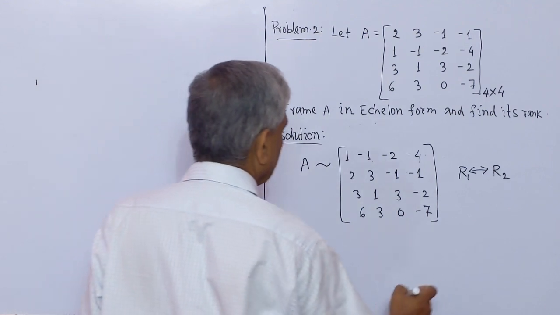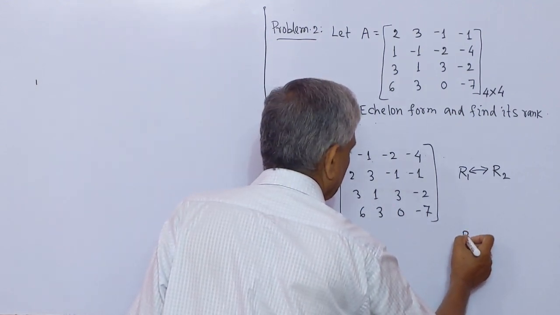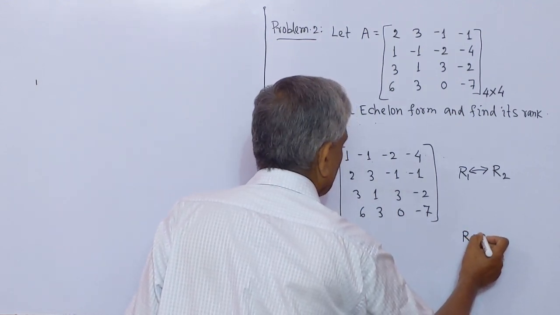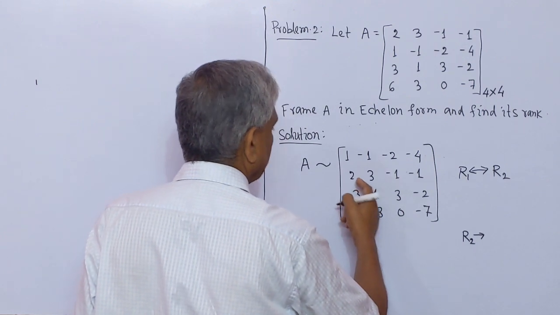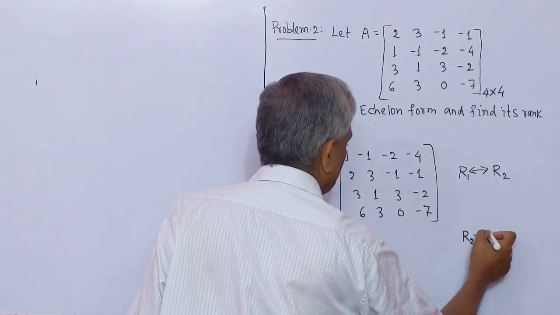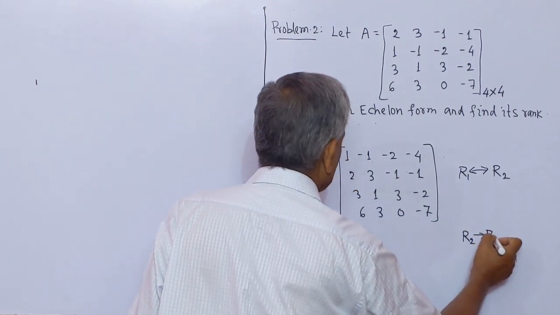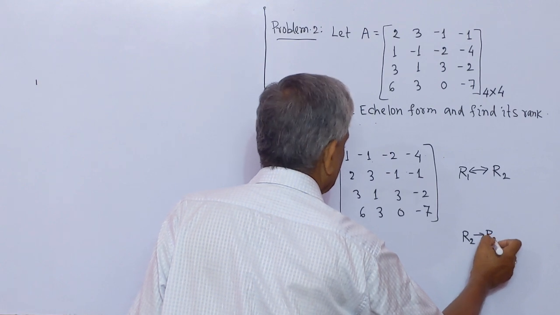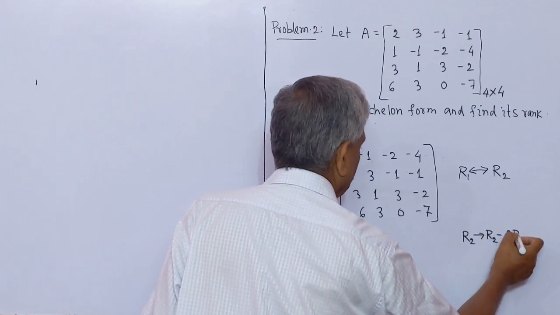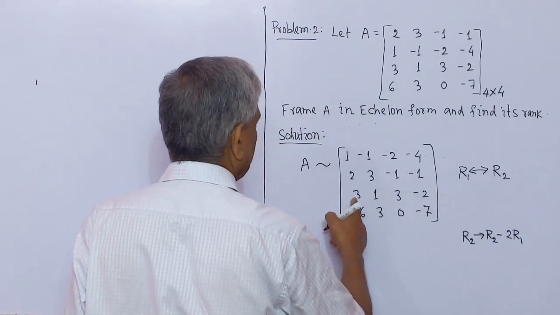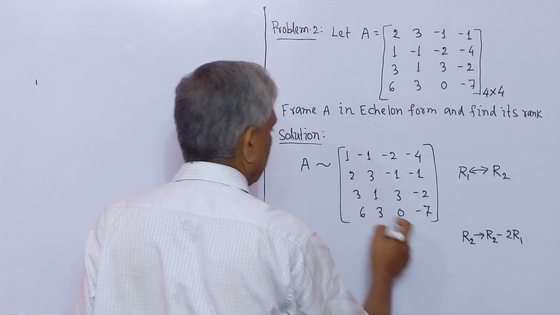So for this, R2, in the place of R2 we use the elementary transformation R2 minus 2R1. Here we make 0.